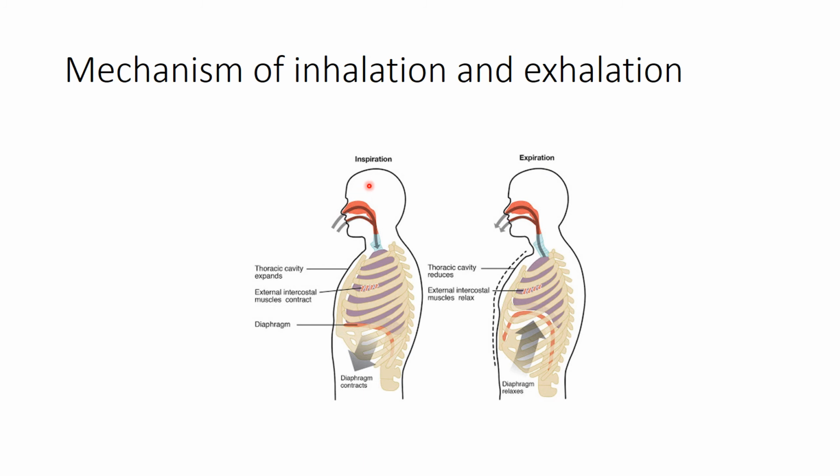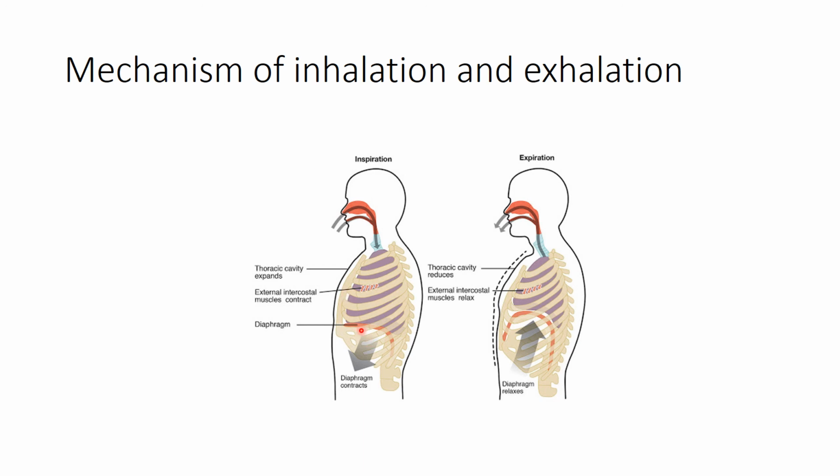So during inspiration or inhalation, when air reaches inside the lungs, when we breathe in, what happens to the diaphragm? Always remember, it is very important to know the process of inhalation and exhalation.